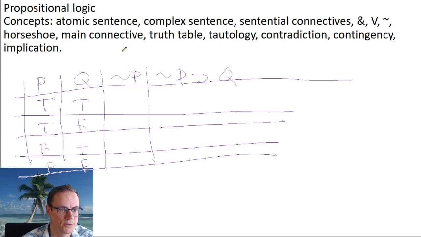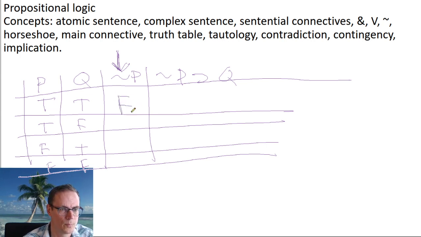Now in this column for not P, I have to write down the truth value for not P in those circumstances. And there are 4 different circumstances. Every row corresponds to a circumstance, as it were. You could think of them as models. Well, not P, is that true or false if P is true?